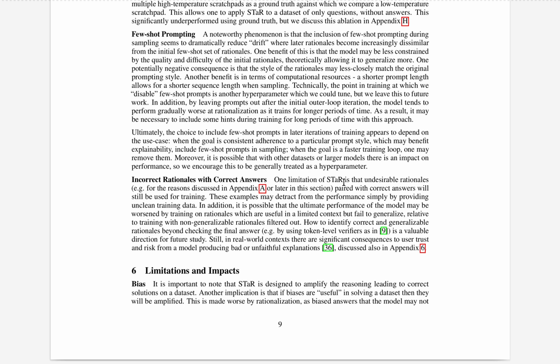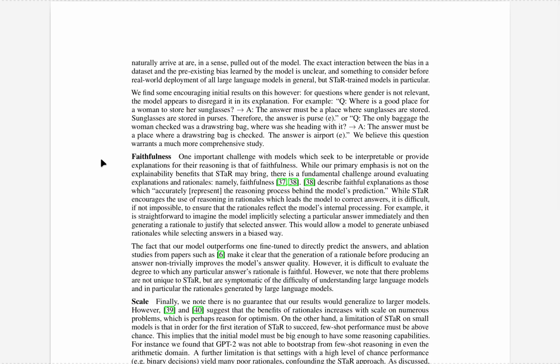This is made worse by rationalization, as biased answers that the model may not naturally arrive at are, in a sense, pulled out of the model. The exact interaction between the bias in a dataset and a pre-existing bias learned by the model is unclear and something to consider before real-world deployment of all large language models in general, but STaR-trained models in particular. We find some encouraging initial results on this.